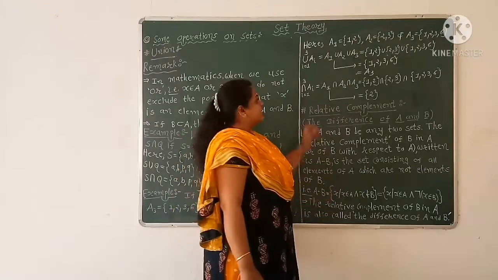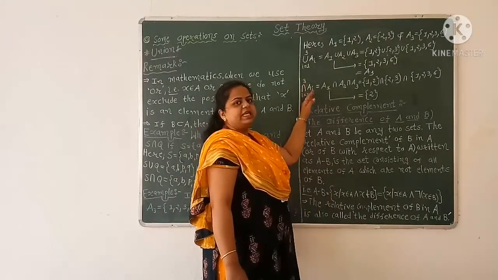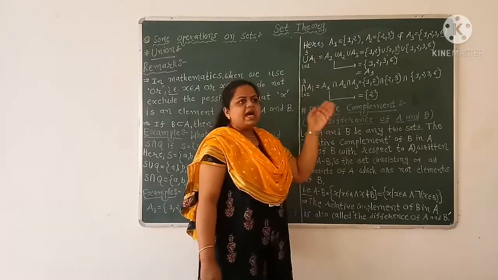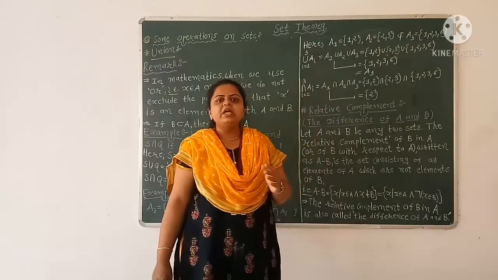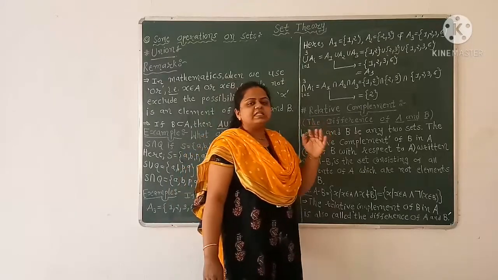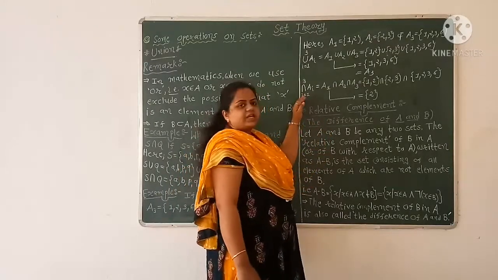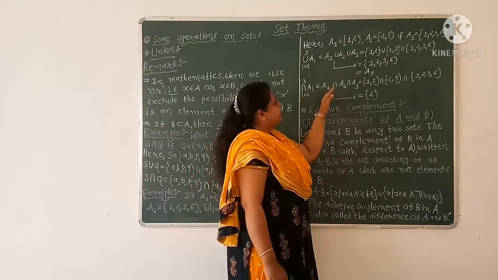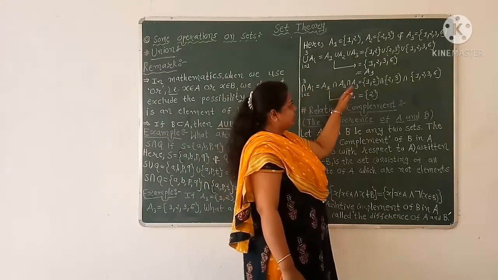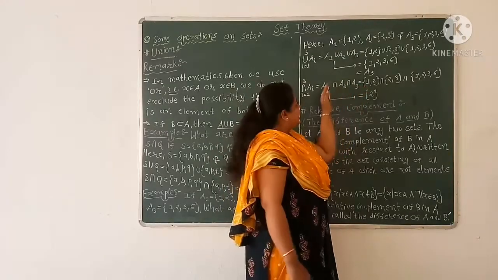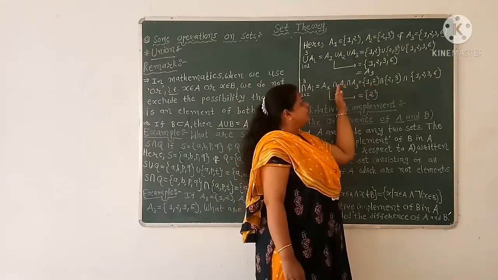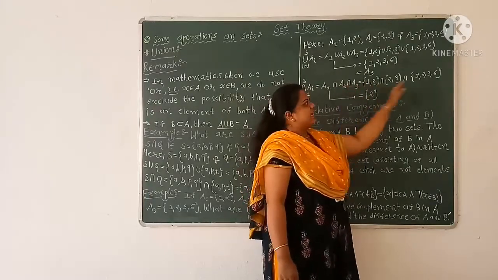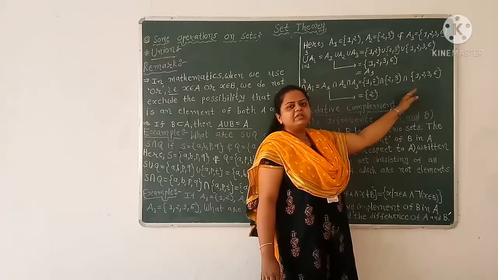Now intersection i equal to 1 to 3 Ai is equal to i equal to 1 that is A1, i equal to 2 that is A2 and i equal to 3 that is A3. So intersection i equal to 1 to 3 Ai is equal to A1 intersection A2 intersection A3 is equal to A1 that is set of 1, 2, A2 that is set of 2, 3 and A3 that is set of 1, 2, 3, 6.